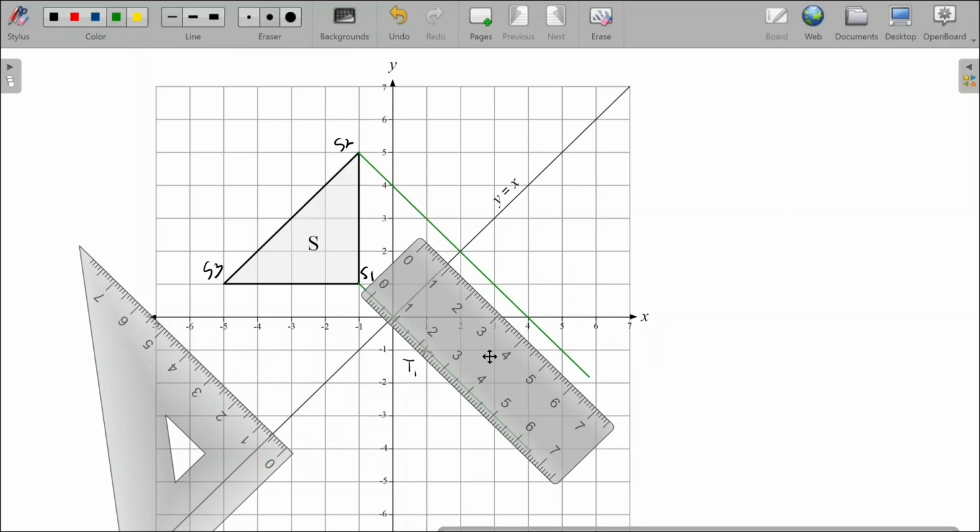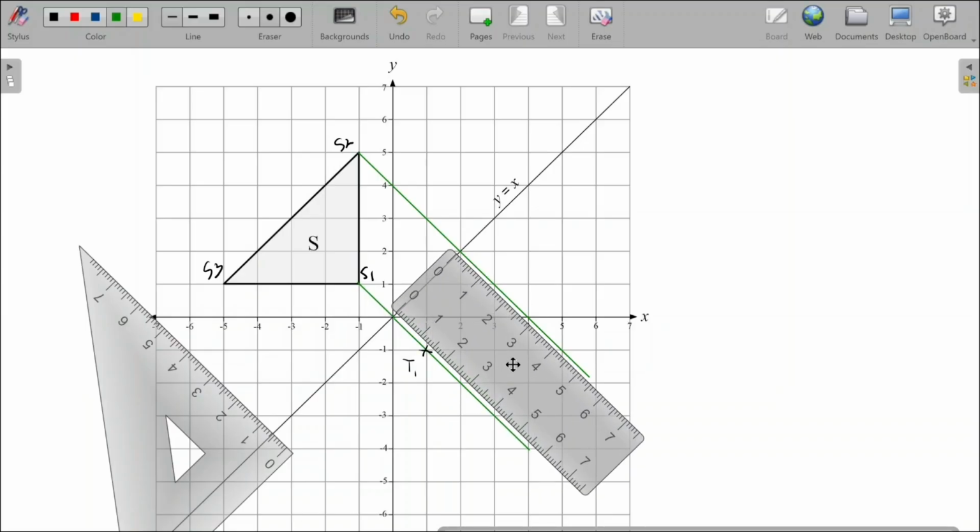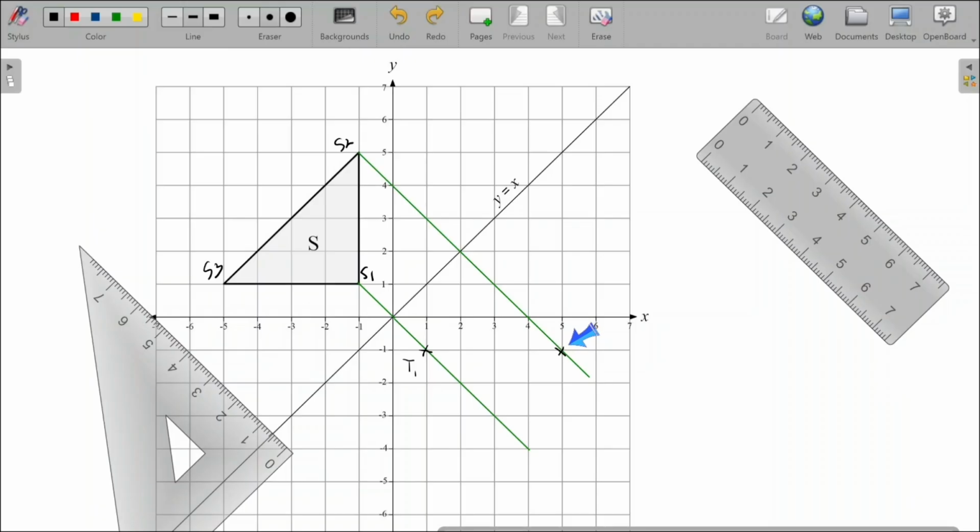So we take our ruler and locate T2, which is about 4.2 centimeters away from the line of reflection. Now, 0 is here, 4.2 is here. So we mark this point as T2. We need to now locate T3, which is the last vertex point on triangle T.